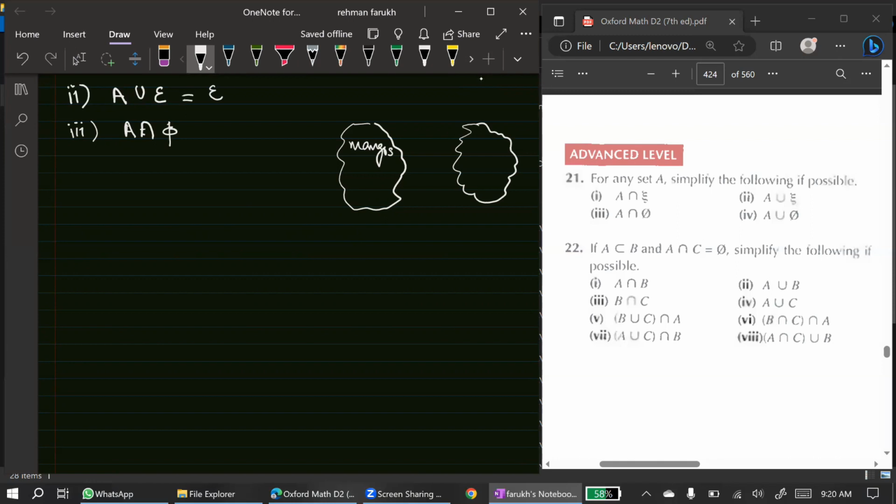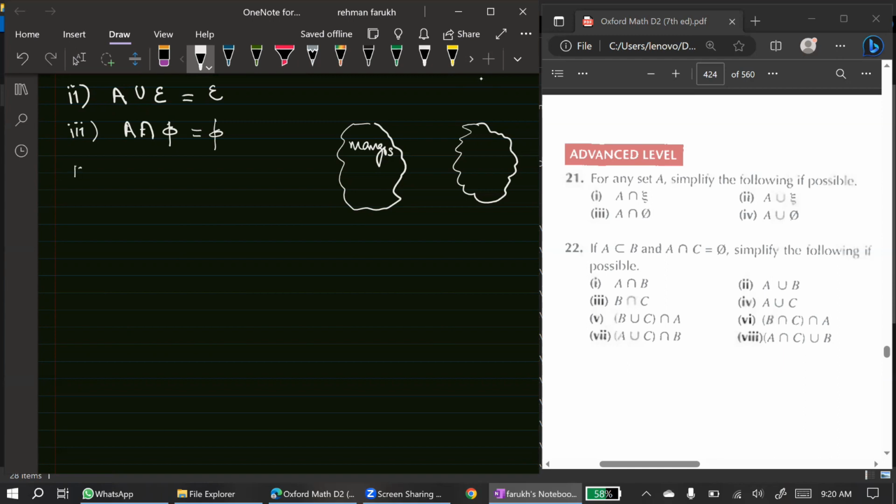What is common in the two sets? The empty sack. So this one is the answer.